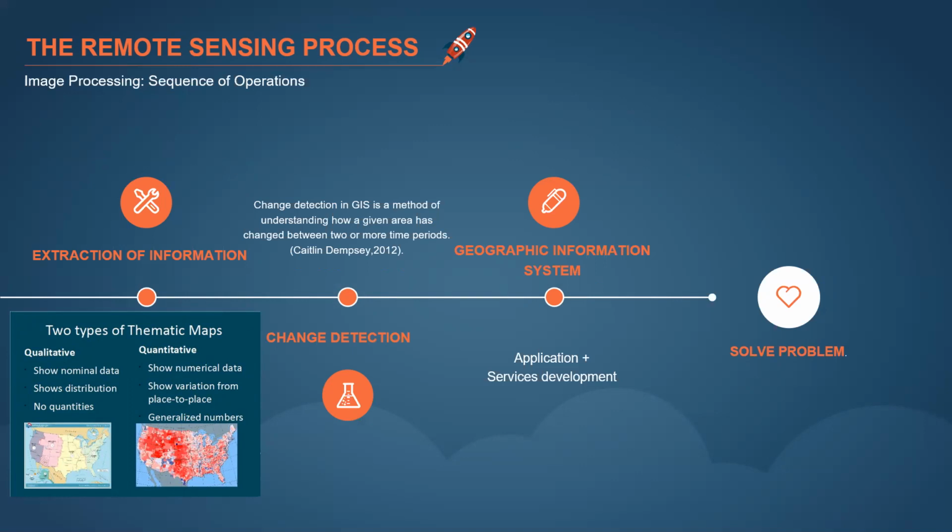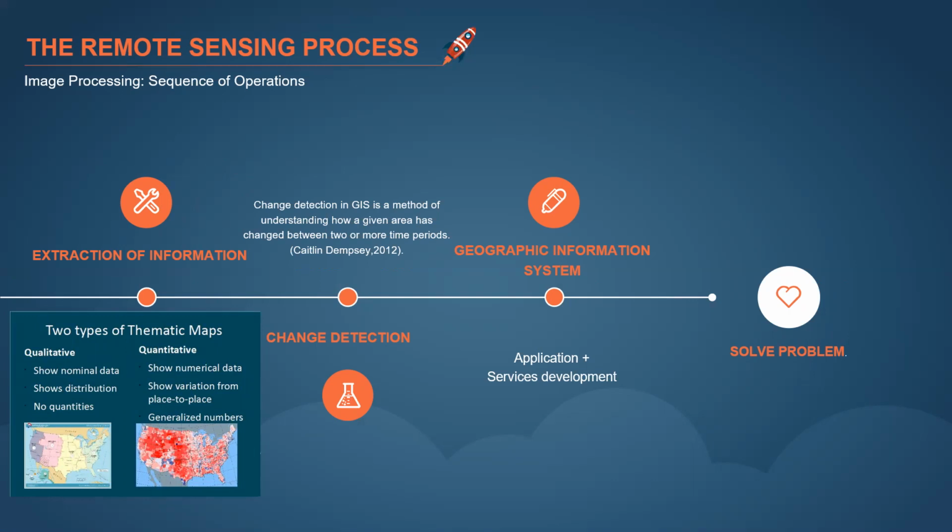A qualitative map shows nominal data and focuses on the distribution of that nominal information. The quantitative map, on the other hand, shows numerical data and focuses on the variation of that numerical information from place to place.